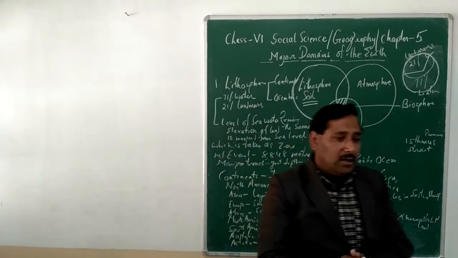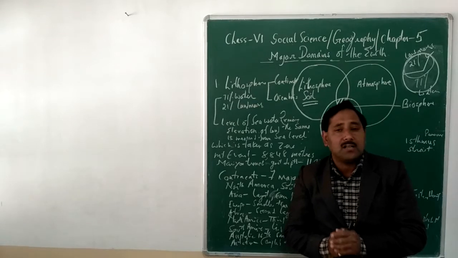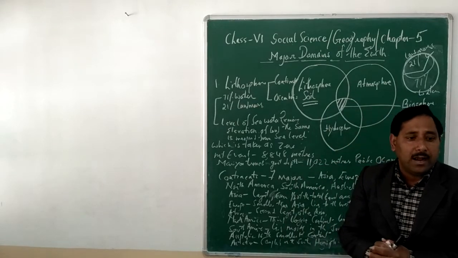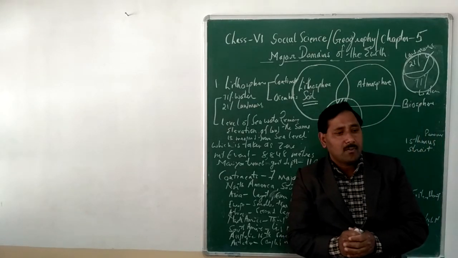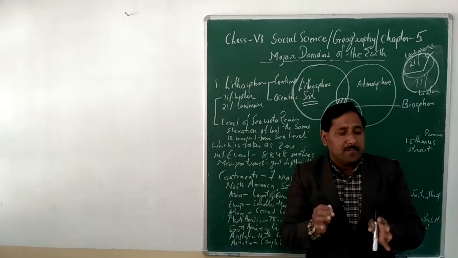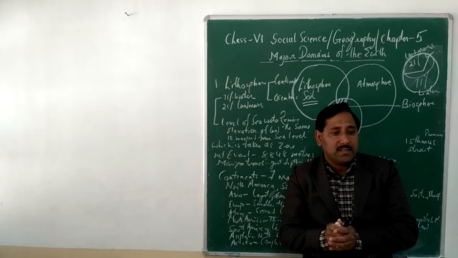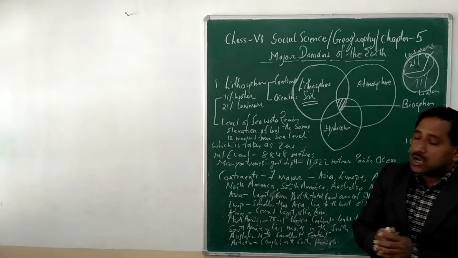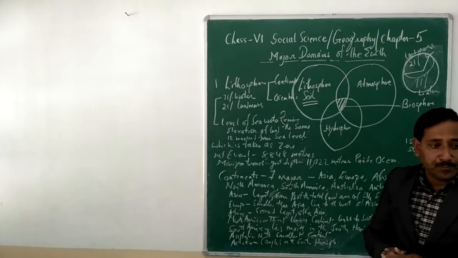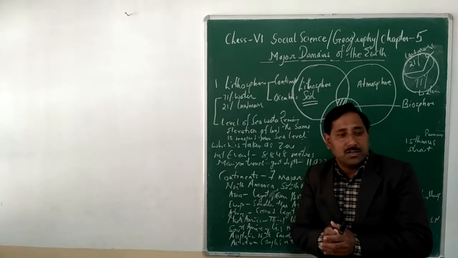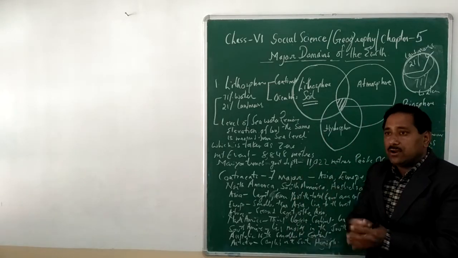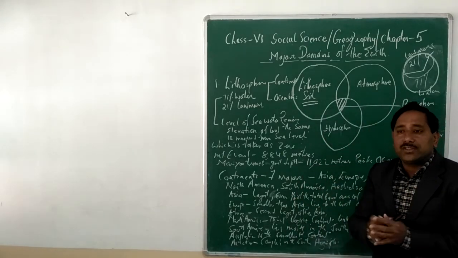There are two main divisions of the Earth's surface. It comprises the rocks of the Earth's crust and the thin layer of soil that contains nutrients and elements for sustaining organisms, for sustaining life. All this is important.